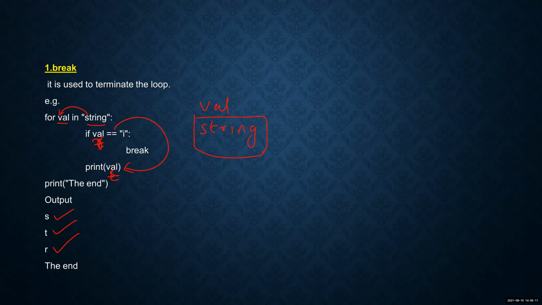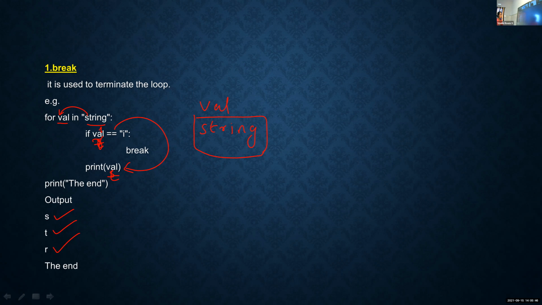We are reading characters from the string. We just completed 3 characters. Then the next is I. Then here I is equal to I is a true statement.